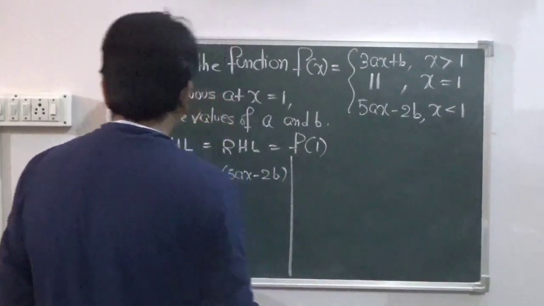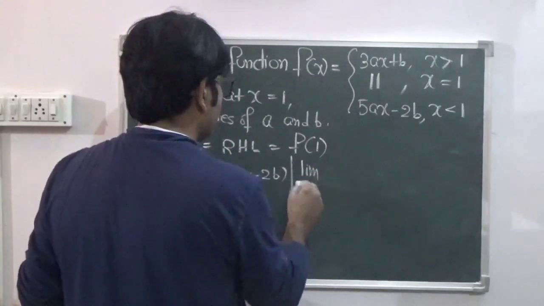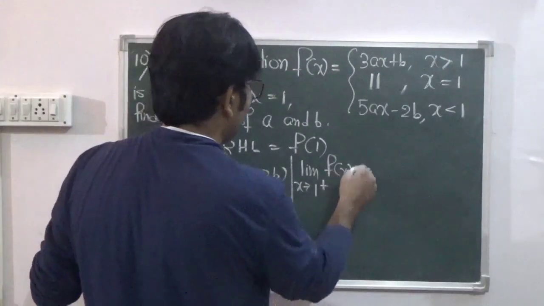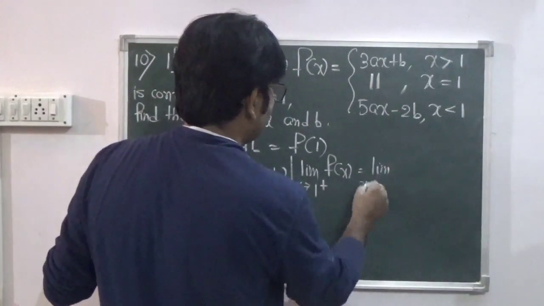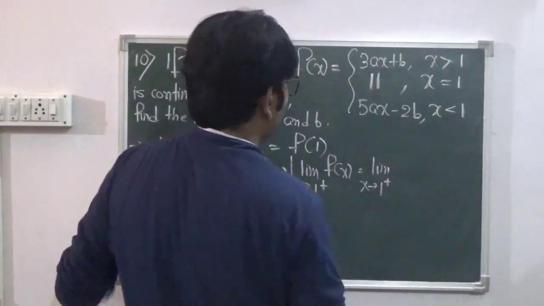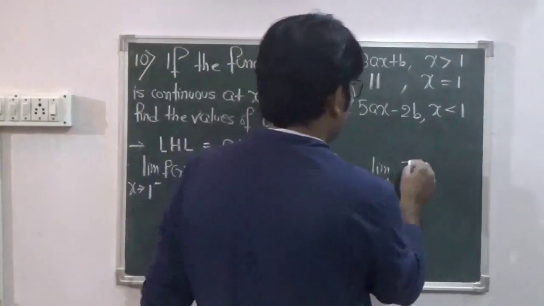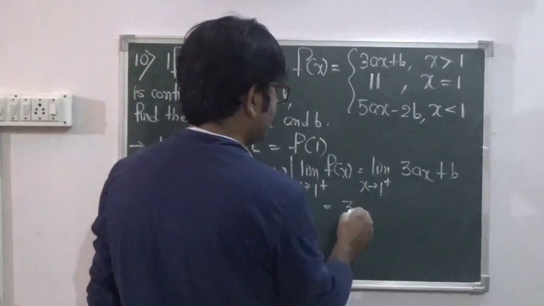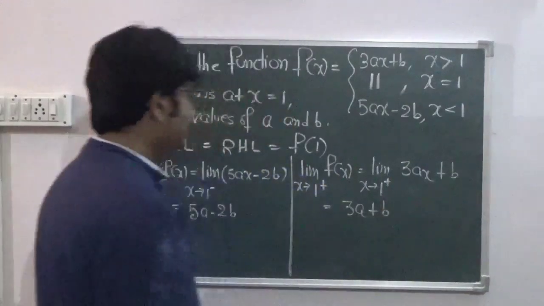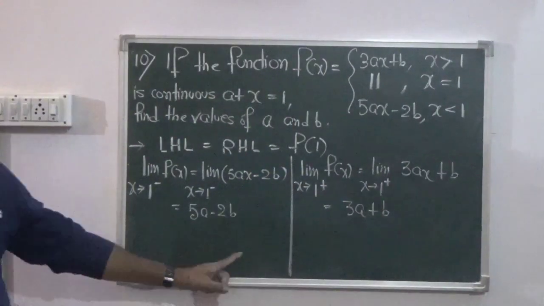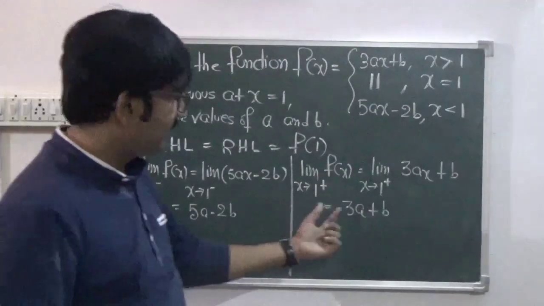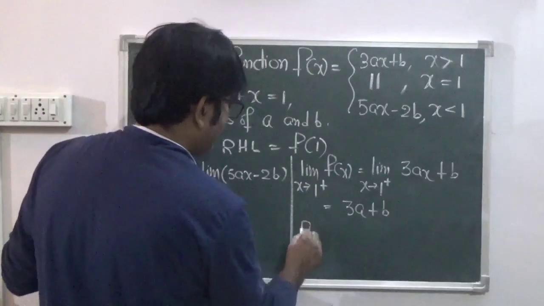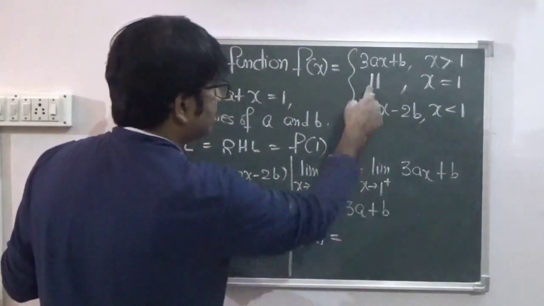Next, the right hand limit. So limit x tends to 1 positive of f(x) is equal to limit x tends to 1 positive, x greater than 1, that is 3ax plus b. So this comes to 3a plus b. So the left hand limit is 5a minus 2b, the right hand limit is 3a plus b, and then the value of the function at f of 1. f of 1 is given as 11.